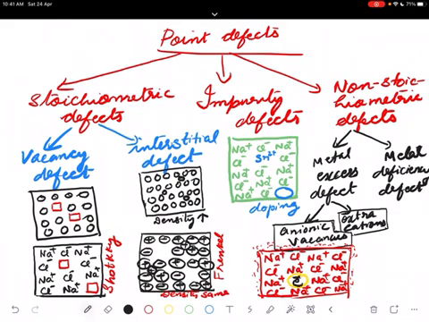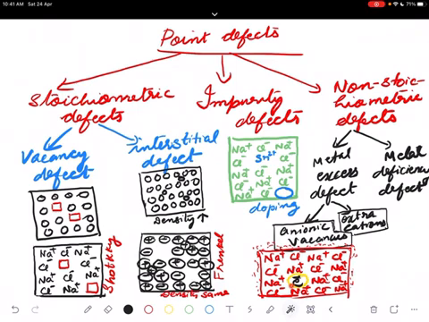So ultimately there is metal excess, sodium excess now, because one Cl minus is gone, so Na plus is in excess. That's why we call it metal excess defect due to anionic vacancy. This is an anionic vacancy. An anionic vacancy occupied by an electron is called an F center. F center means color center.